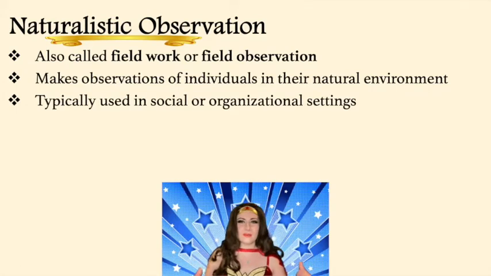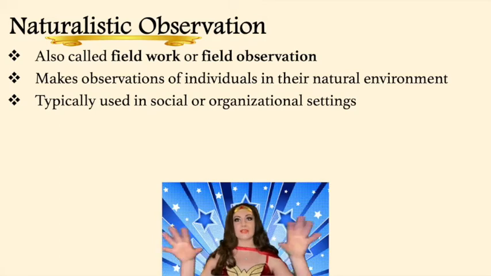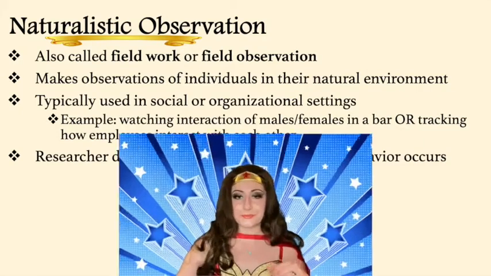Now, naturalistic observation is typically used for social psychology or organizational psychology, any time in which you need to observe how people interact with others at any given time. For example, watching the interaction of males and females in a bar, or perhaps tracking how employees interact with each other daily on the job.